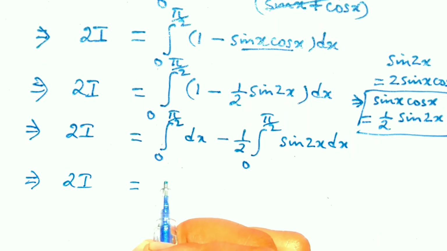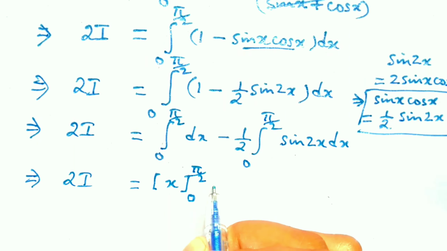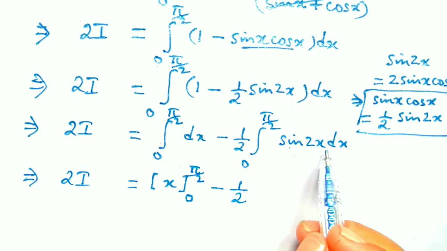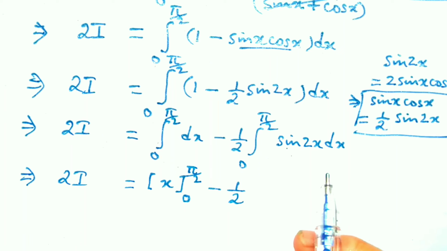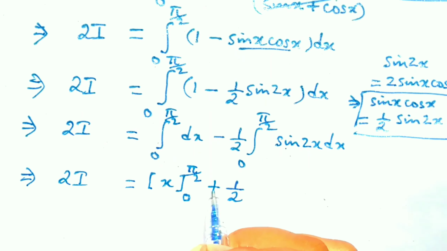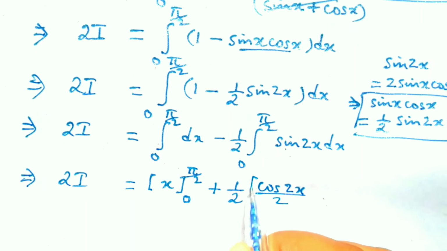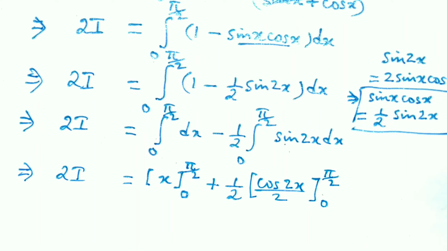Implies 2I is equal to integration of dx, we have x, limits of integration from 0 to pi by 2, minus half times integration of sin 2x, which is minus cos 2x by 2, and minus with minus we have plus cos 2x by 2. The limits of integration are from 0 to pi by 2.